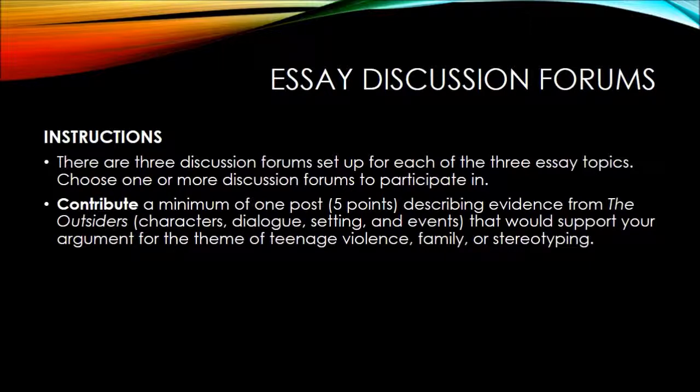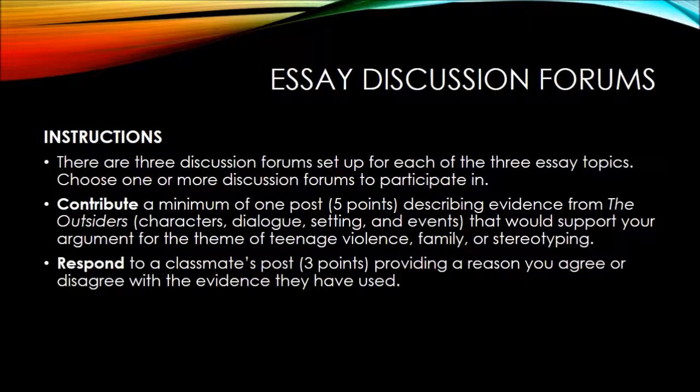This could include characters, dialogue, setting, and events that would support your argument for the theme of teenage violence, family, or stereotyping. Be sure to include why you chose that piece of evidence to support your theme. Then, respond to a classmate's post, which is worth 3 points, providing a reason you agree or disagree with the evidence they have used. You need to be sure to explain your reasoning. Describe why you agree or disagree.